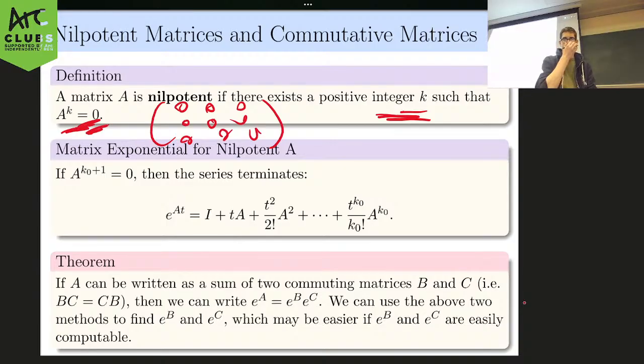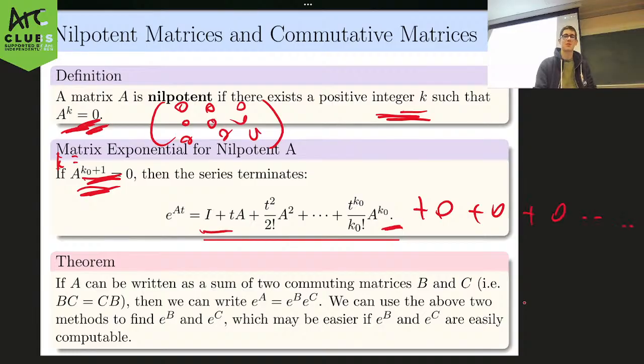So if we think about the Taylor series, plugging in the matrix A into our exponential, what happens is that if k is equal to k0 plus 1, then if we have a nilpotent matrix of order k0 plus 1, we only have to look at the first k0 plus 1 terms, as in the identity up until A to the k0, because otherwise everything would be 0. So this is what the exponential matrix would be in this case. So that's quite nice. I think we have an example on the next slide as well for that.